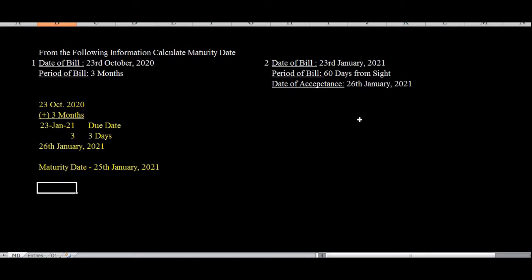Exactly. The reason for taking this example is to make you learn something very important. There are 2 notes that we need to learn. The first note is if the maturity date is a known public holiday, the previous working day becomes the maturity date.